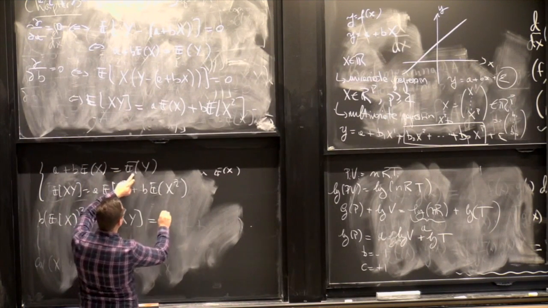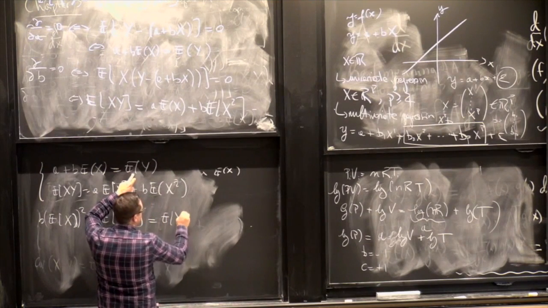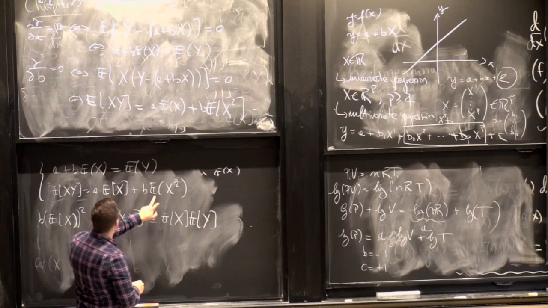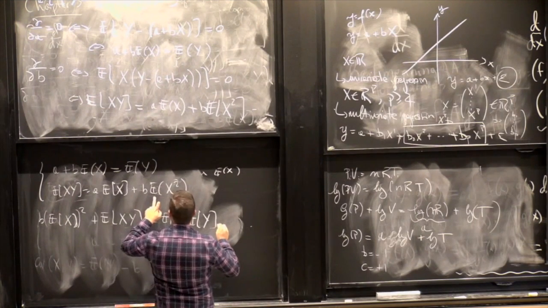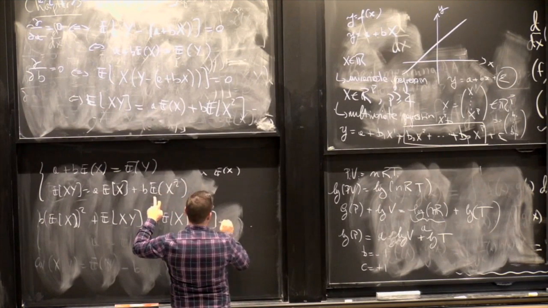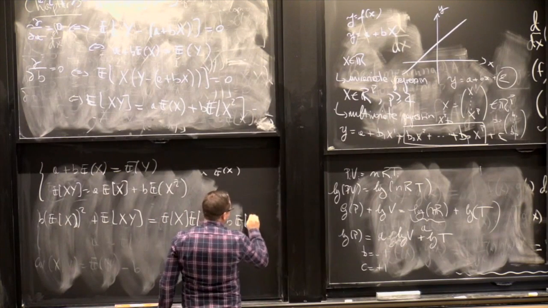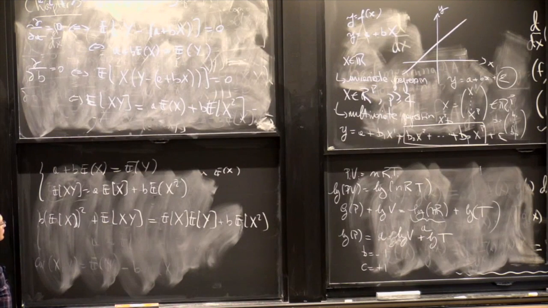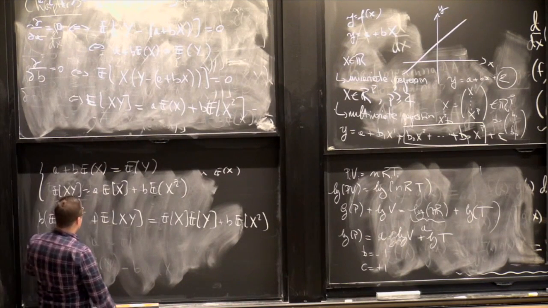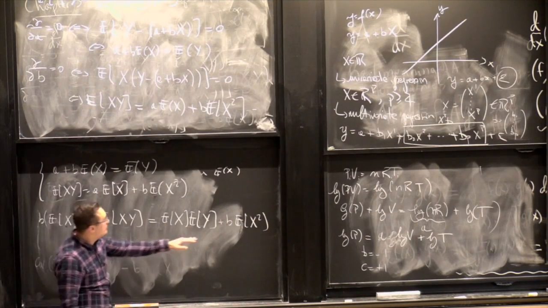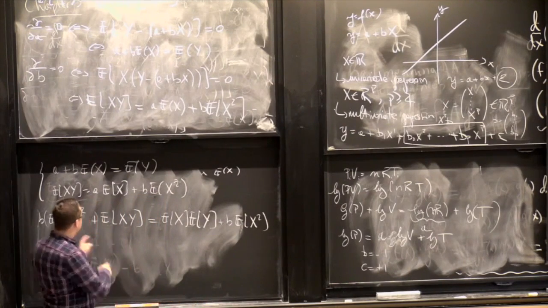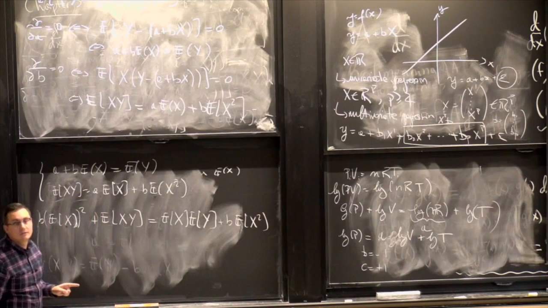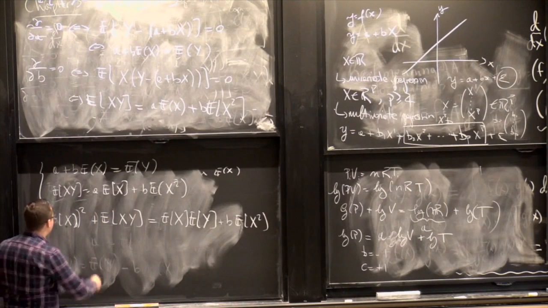Then I get expectation of x times expectation of y, plus the guy that remains here, which is b times the expectation of x squared. So here I have b expectation of x, the whole thing squared, and here I have b expectation of x squared. So if I pull this guy here, what do I get? B times the variance of x, OK?